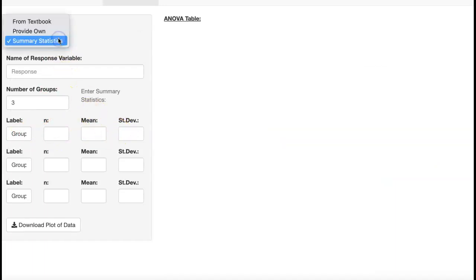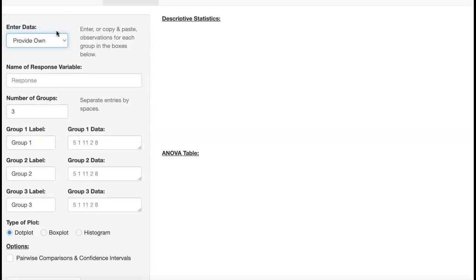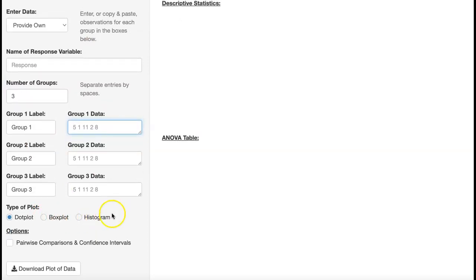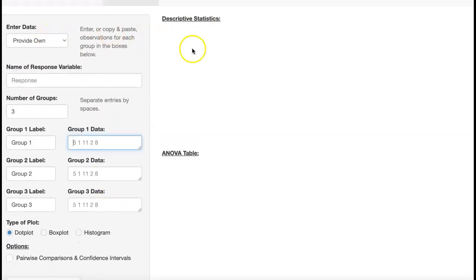If you're going to provide your own data, then you put the variable name, how many groups you have, the group label, and then you actually enter in the data. You can also look at the distribution through box plots and histograms. So this is when we're comparing more than two groups.